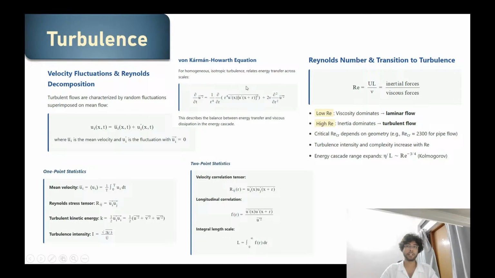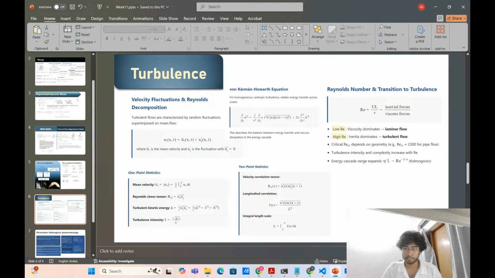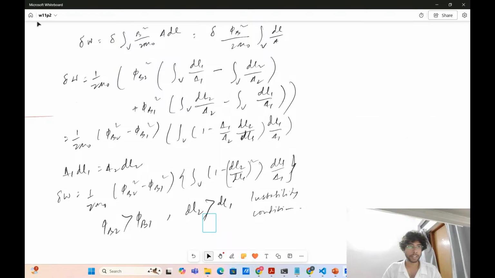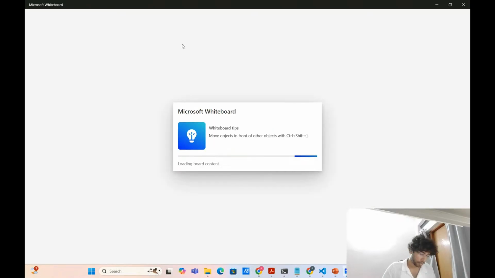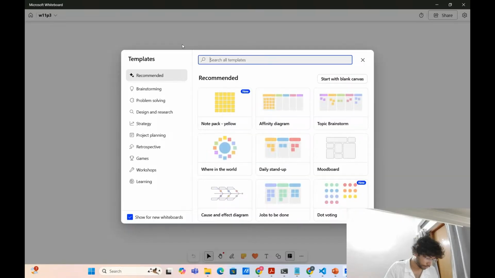So let's motivate how this equation comes out. This actually comes directly from the momentum equation.